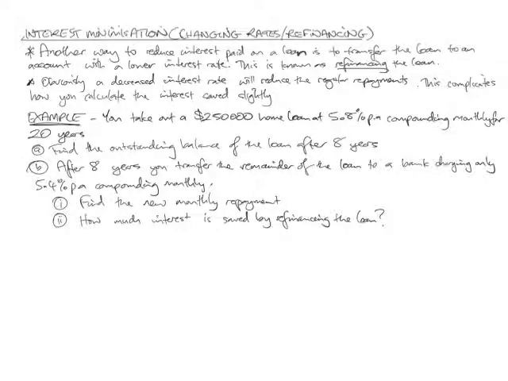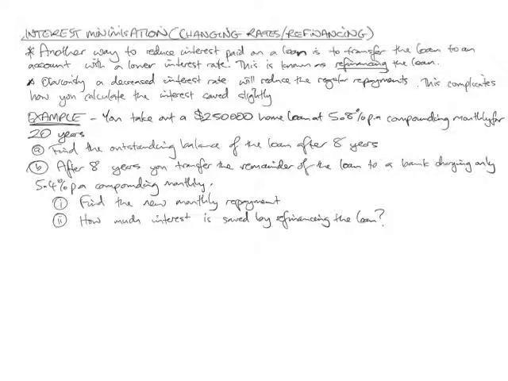I'm happy for you to do that, but I'm going to teach it to you step-by-step so you can keep track of exactly what we're calculating here. So the example we're going to run with is you take out a $250,000 home loan, 5.8% per annum compounding monthly for 20 years. So the first step is finding the outstanding balance of the loan after 8 years.